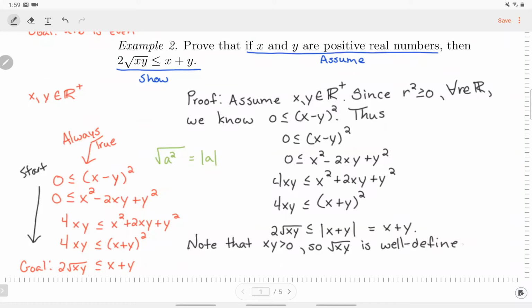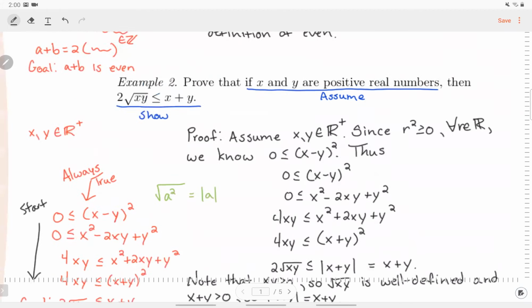That means it's allowed, right? I'm not taking the square root of a negative. And x plus y is greater than 0. So absolute value of x plus y equals x plus y. All right, so we justified our last step.